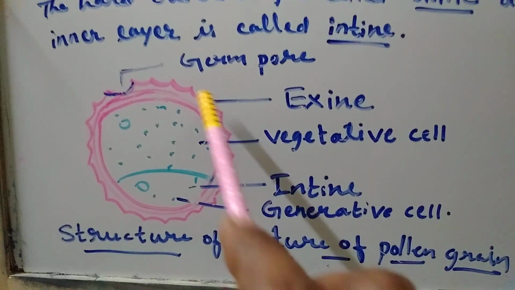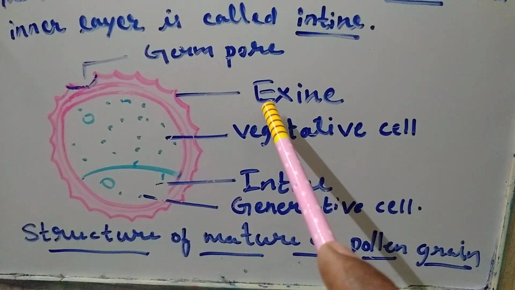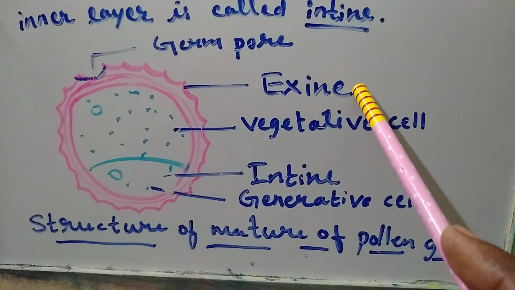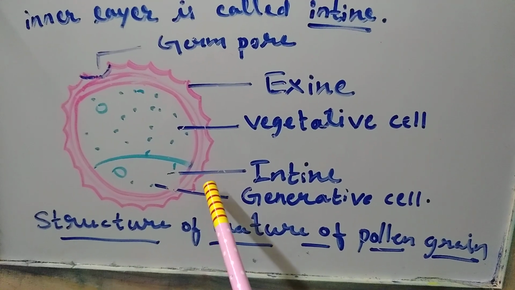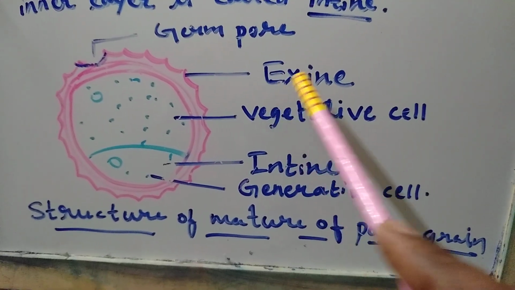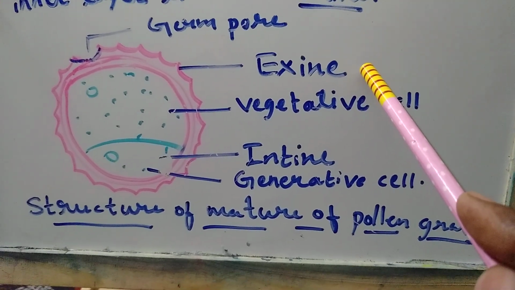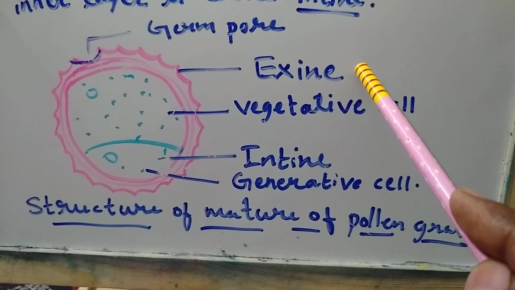Here you can see the presence of two layers. The outer harder layer is known as exine, the inner layer is known as intine. And this exine is made up of sporopollenin.